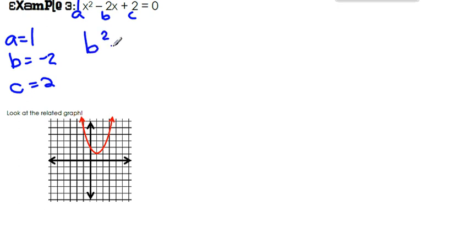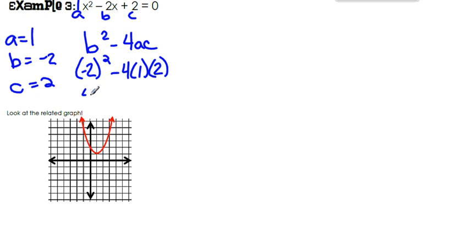We have b squared minus 4ac. So I'm going to have, now be careful here, -2 squared minus 4 times 1 times 2. I'm just taking my values and plugging them in, right? So the -2 squared is 4. 4 times 1 is 4, times 2 is 8, so -8. So I end up with a -4.